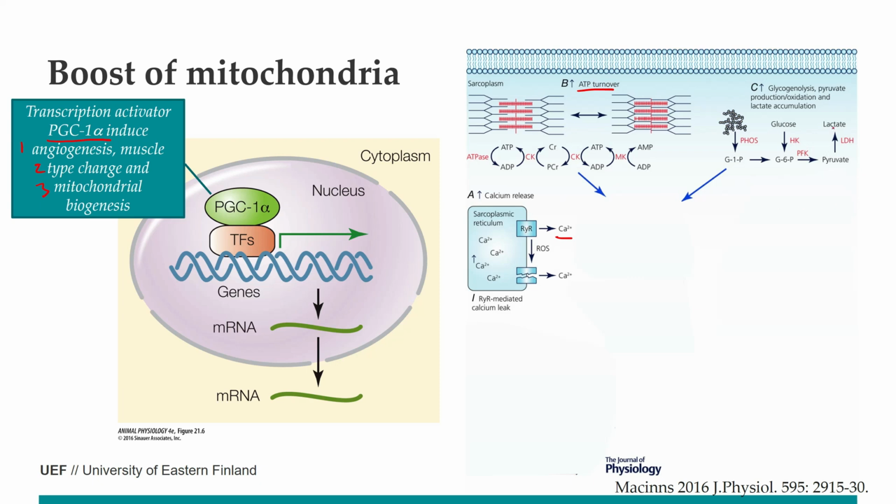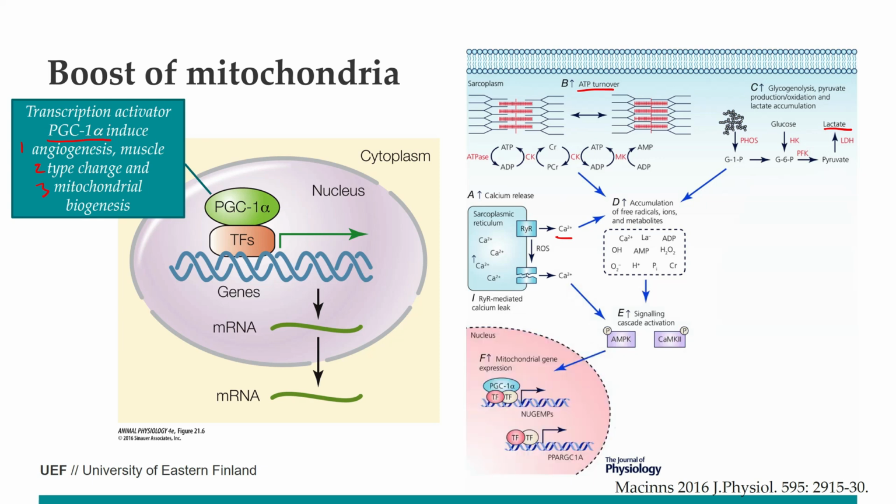Therefore, you will have more lactate, for example. As a byproduct, we will have more metabolites, more free radicals, and different kinds of ions in these cells, and they affect cell signaling to the nucleus to have this PGC1 alpha activated, and that will induce all these things.